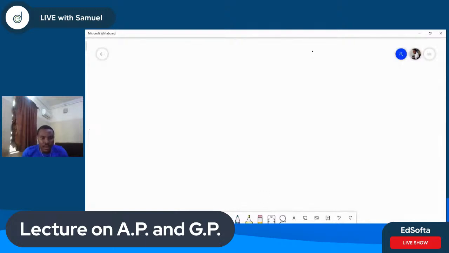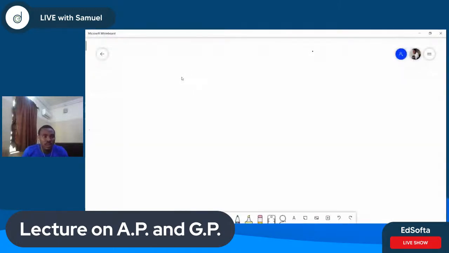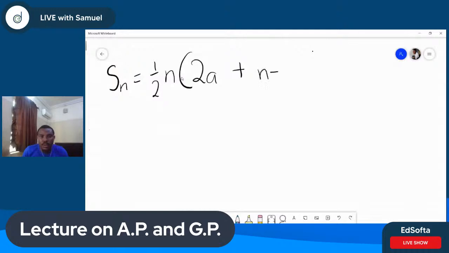The formula that we had there was Sn is equal to half n into bracket 2a plus n minus 1 d.